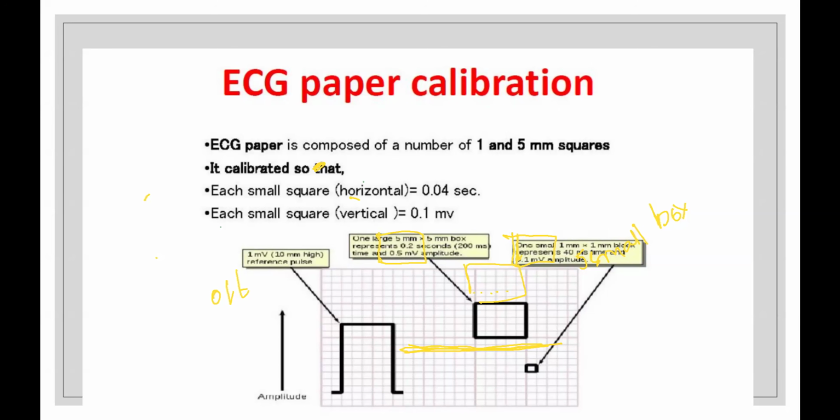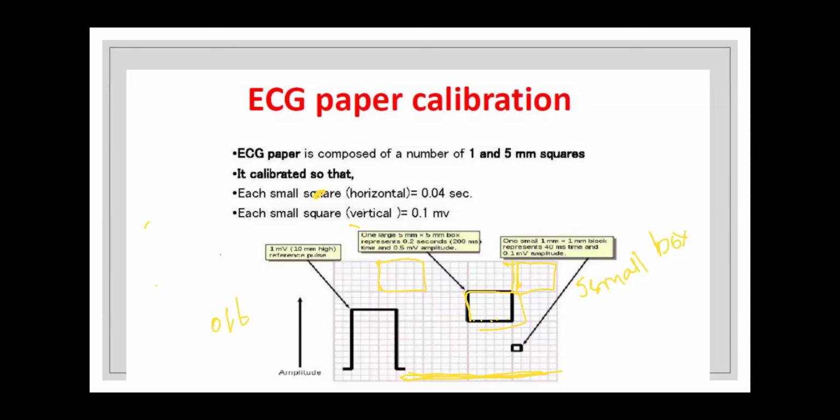Okay, so in the large box, we have 5 small boxes in a vertical direction as well as in a horizontal direction. We have already discussed that one small box on the x-axis, the speed, is equal to 40 milliseconds.